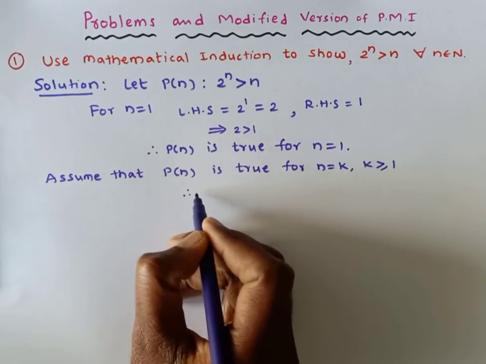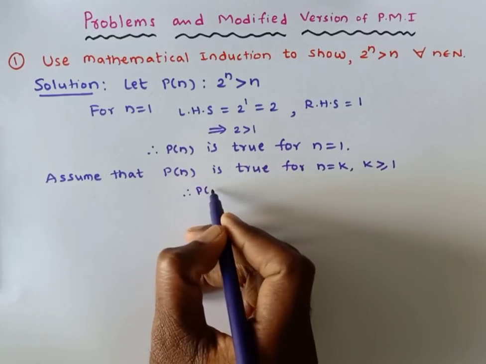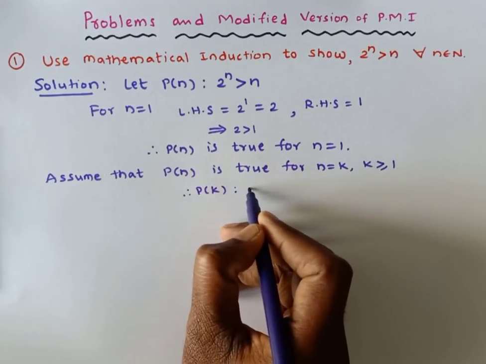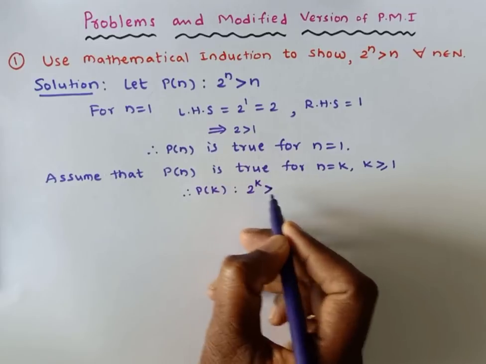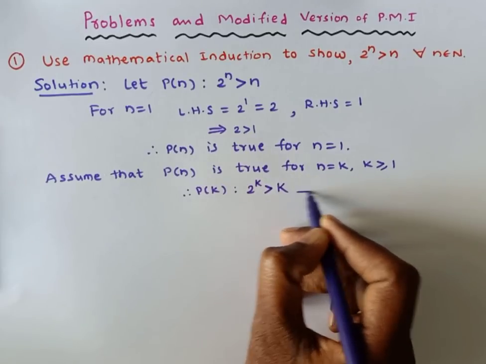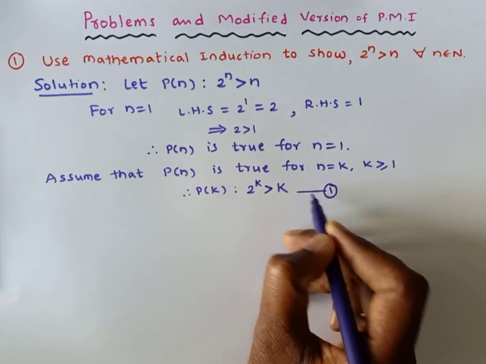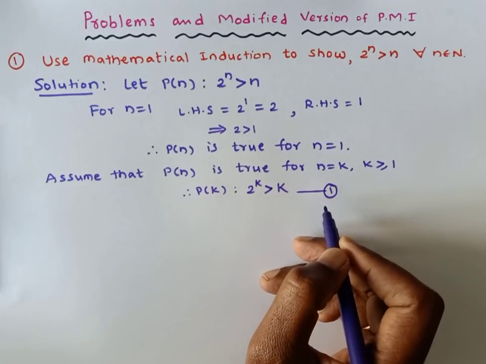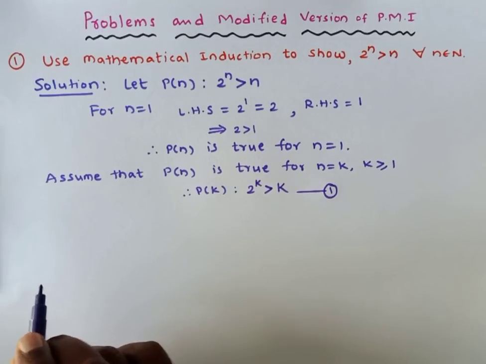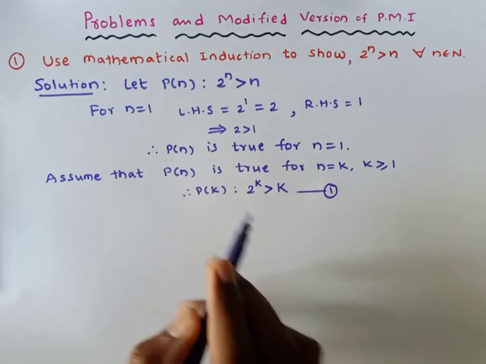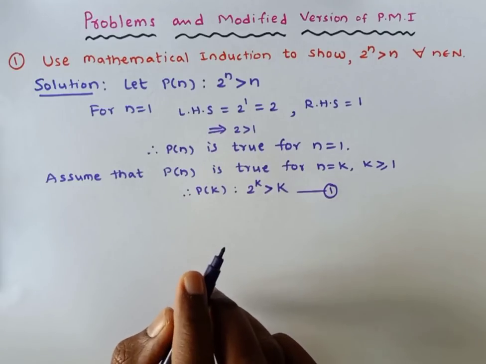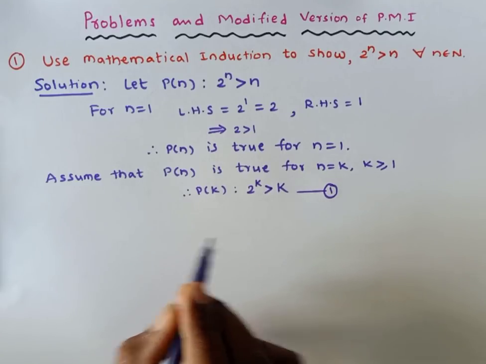So the given statement, that is p of k, is 2 to the power of k, which is greater than k. Let this be inequality 1. Now what do we have to show? We need to show the given statement is true for n equals to k plus 1.